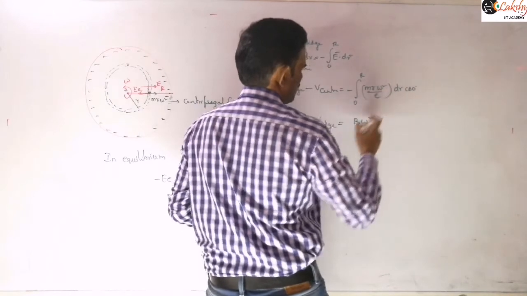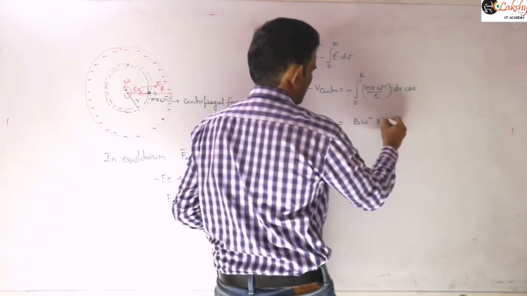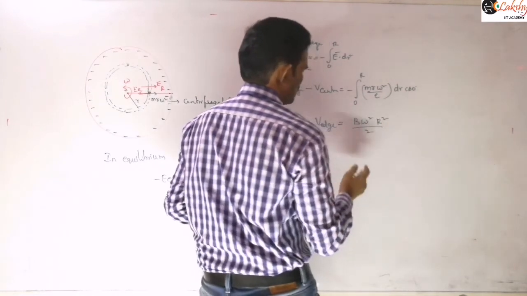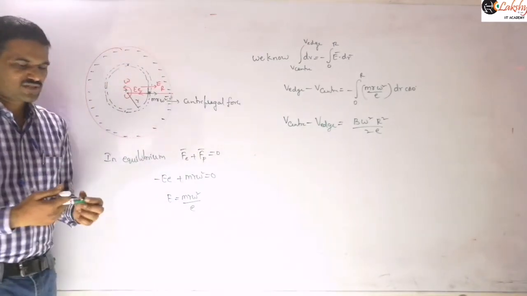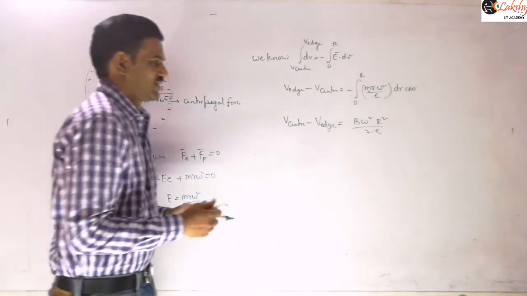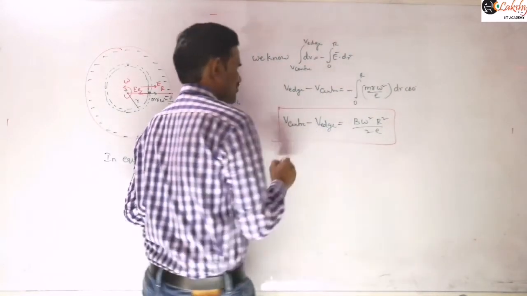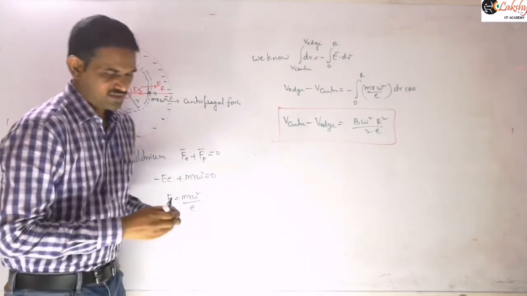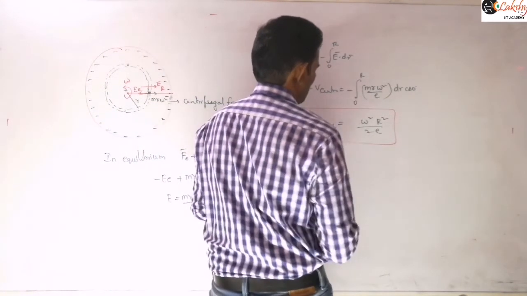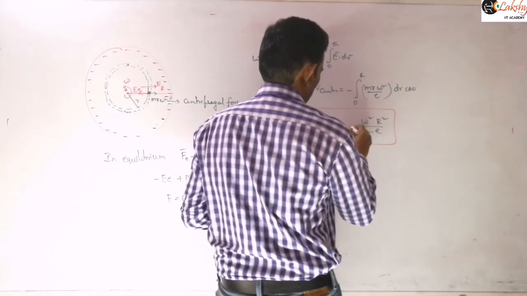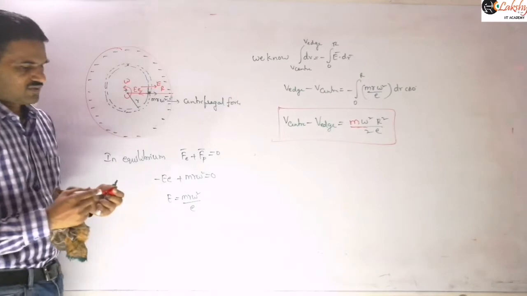Here you can integrate r dr, you will get r square by 2, so 2e in the denominator. So that will be the potential difference between the center and edge of this disc, due to its own rotation. There is no magnetic field here. Sorry, this is not B, it is M. This is m omega square R square over 2e, right?